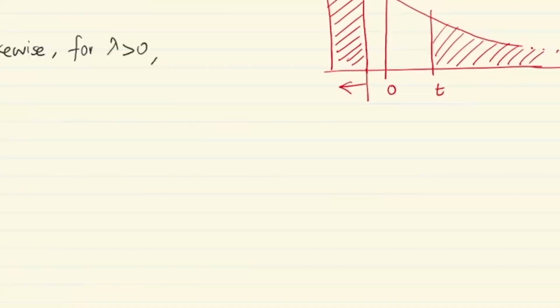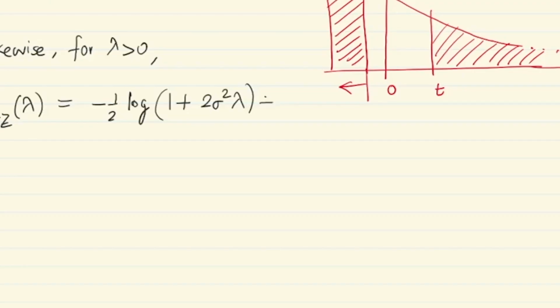If we start with minus Z, C minus Z of lambda turns out to be minus half log 1 plus 2 sigma square lambda plus lambda sigma square.